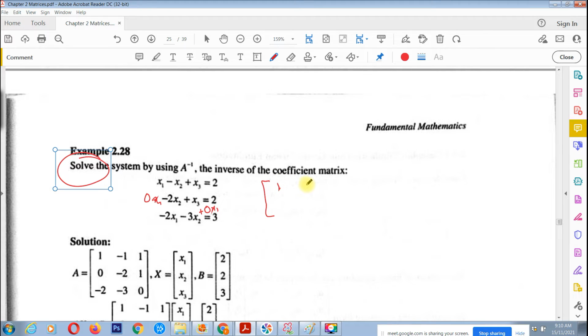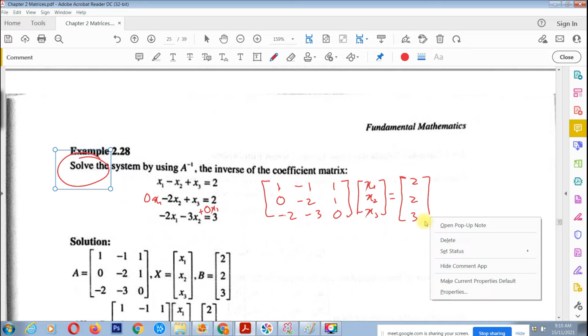We get 1, negative 1, 1, and then we have 0, negative 2, 1, negative 2, negative 3, 0, and then the variables we put on this side, x1, x2, x3, so that equals 2, 2, 3.